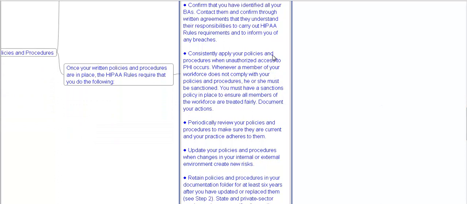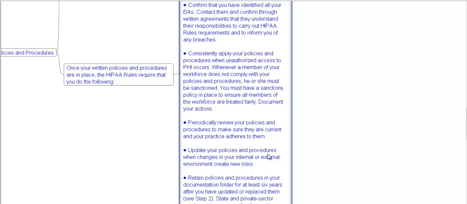Consistently apply your policies and procedures when unauthorized access to PHI occurs. When a member of your workforce does not comply with your policies and procedures, he or she must be sanctioned. You must have a sanction policy in place to ensure all members of the workforce are treated fairly. Document your action. Periodically review your policies and procedures. Make sure that they are current and your practice adheres to them.